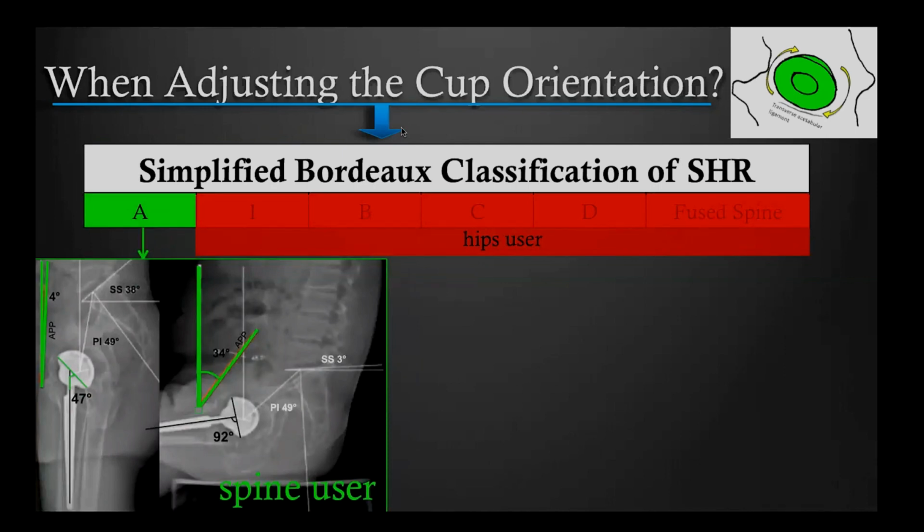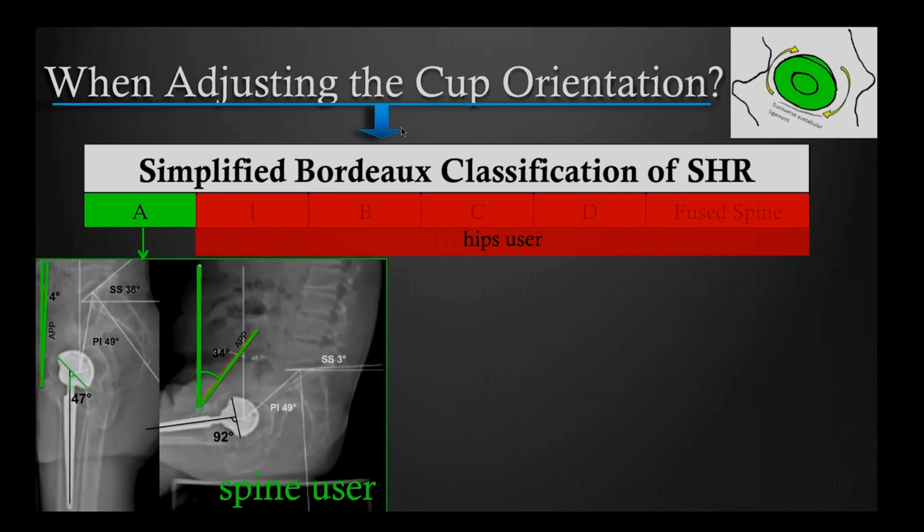So those patients are spine users. Why? Because the lumbar spine is flexible, and so when the patient switches from standing to sitting and vice versa, there is a shear movement between the hip and the lumbopelvic complex.